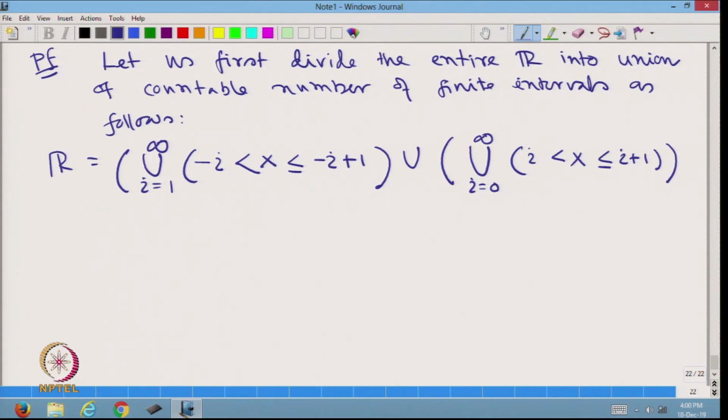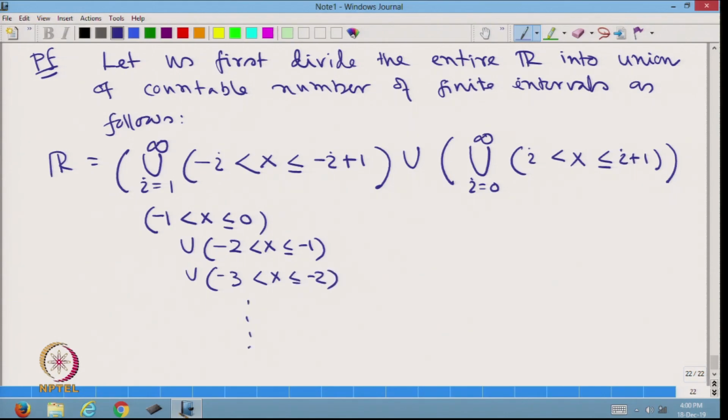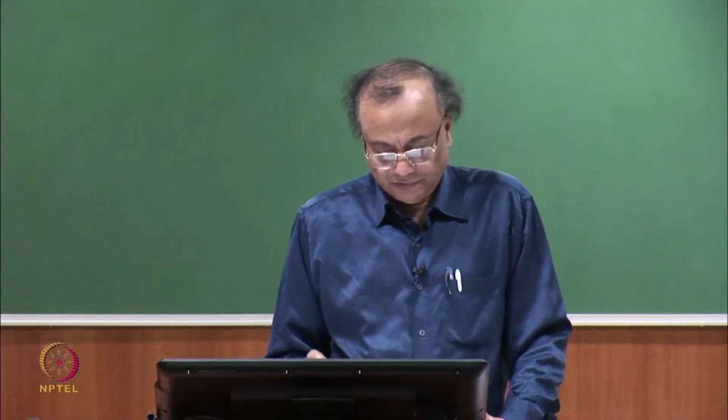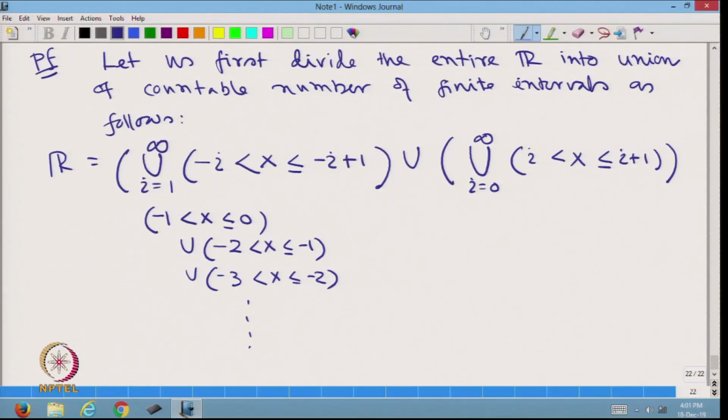So, basically what we are doing here, we are looking at the set of intervals like this: minus 1 less than x less than or equal to 0, union minus 2 less than x less than or equal to minus 1, union minus 3 less than x less than or equal to minus 2. Like that, we are going to any minus n can be very large, but this does not matter. There will be an interval that is going to cover it.